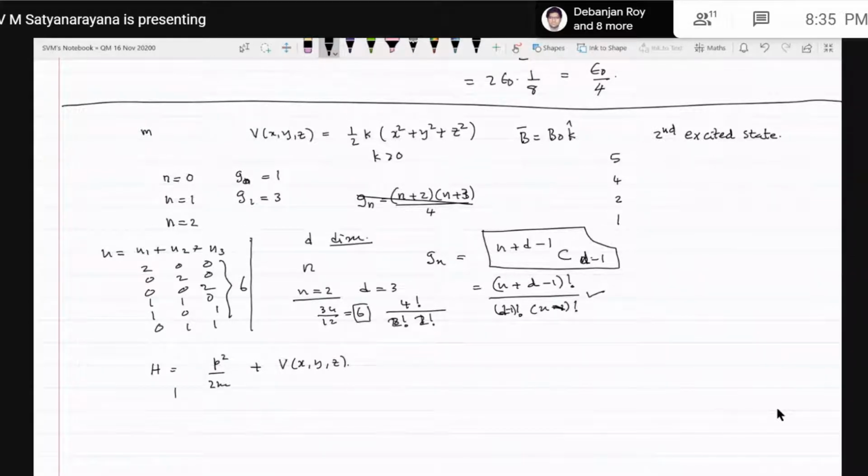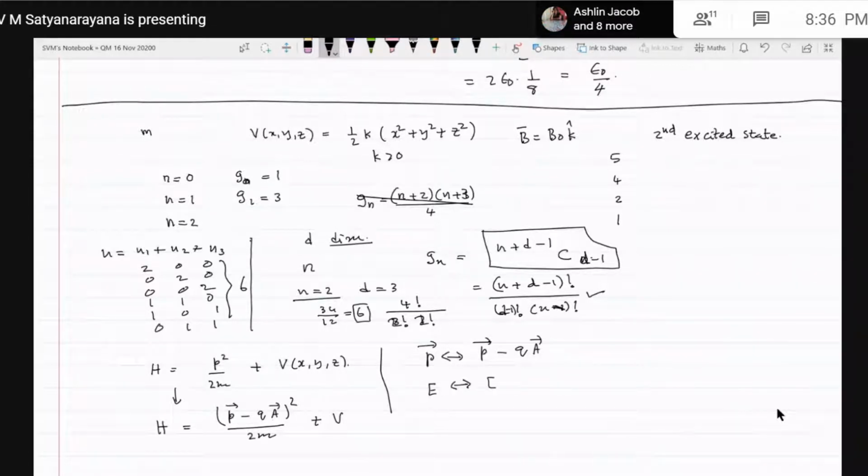When you apply a magnetic field, your Hamiltonian will become (p minus qA) whole square by 2m plus V. The general thing is that when you apply a magnetic field, p will be replaced by p minus qA, and if you have an electromagnetic field, then E will be replaced by E minus q phi. So this is the vector potential and this is the scalar potential.